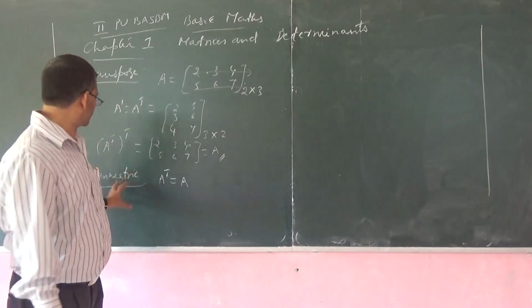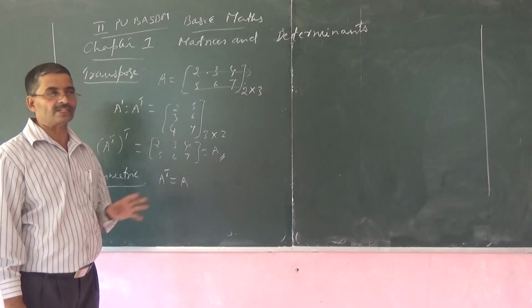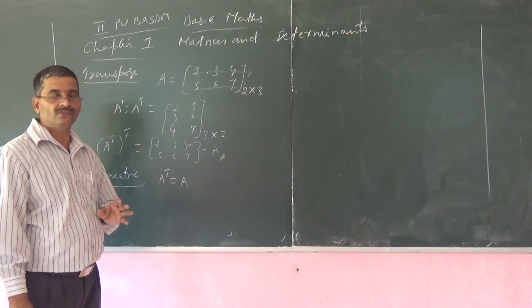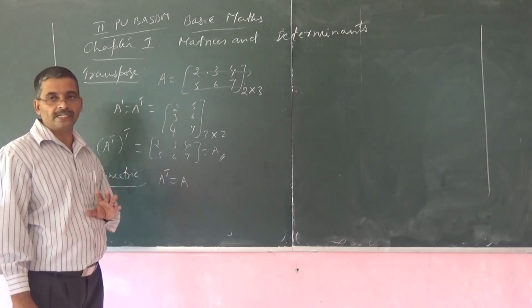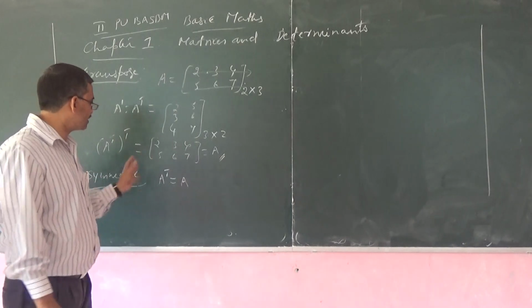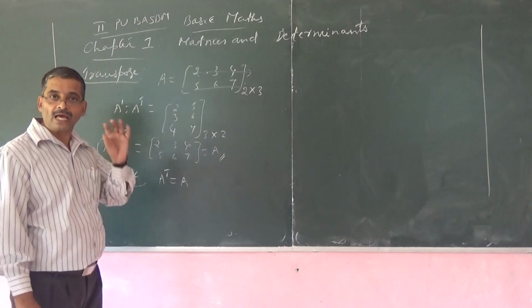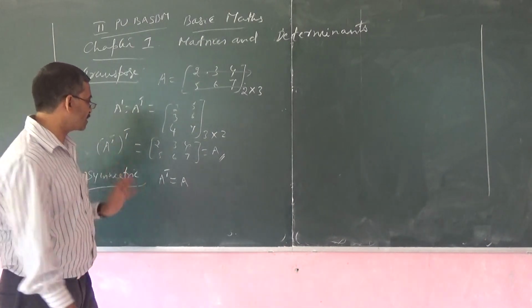So the definition: a square matrix is said to be symmetric if A transpose equal to A, that is, its transpose is itself. That will happen only when it is a square matrix.